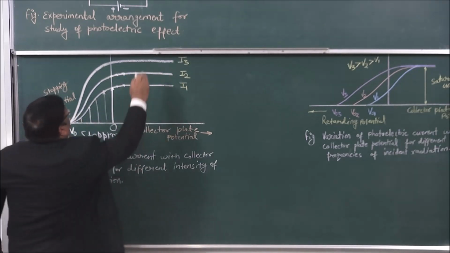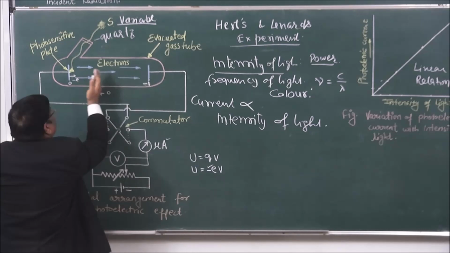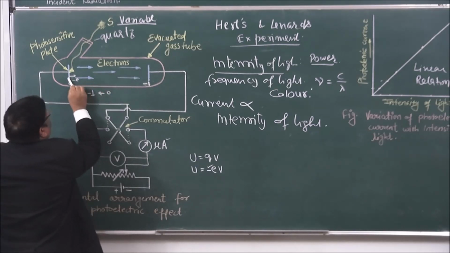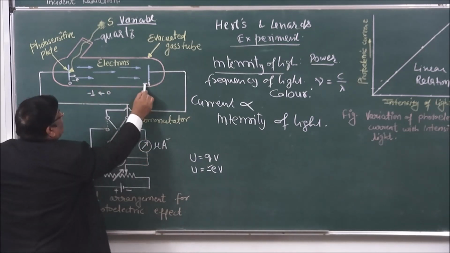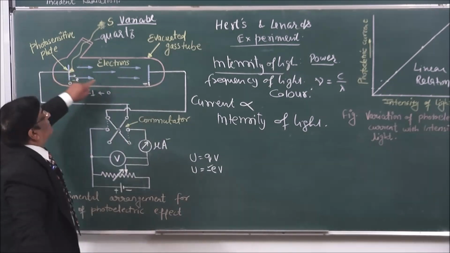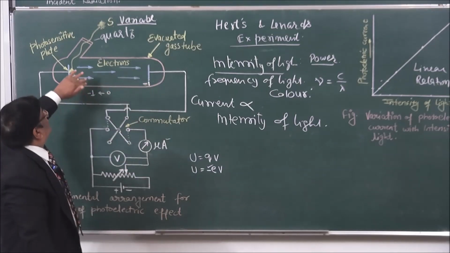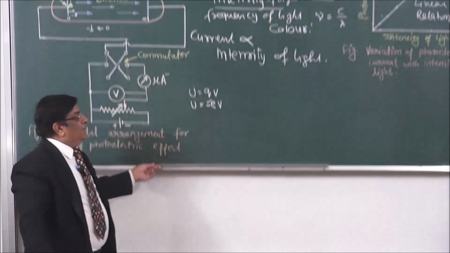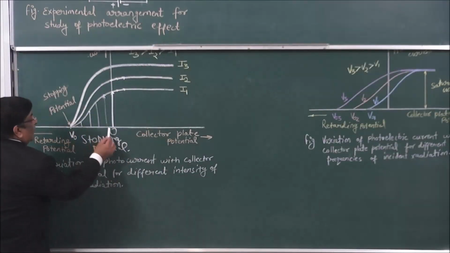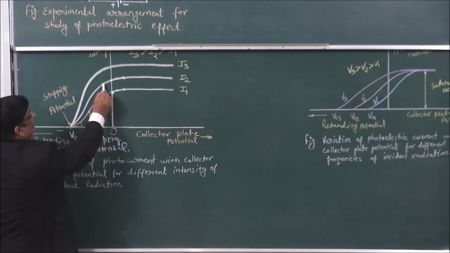Okay, now I give it reverse voltage. When I give it reverse voltage, this minus will repel it. When it is repelled, the number of electrons decreases, the current decreases. Again, minus is increased, so more electrons are stopped, and the current becomes still less.